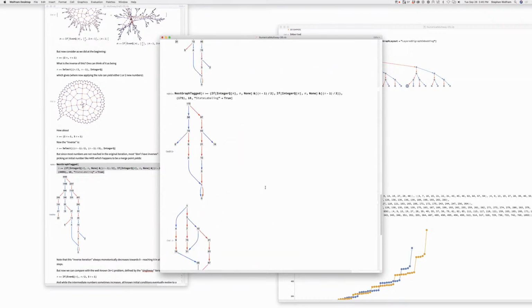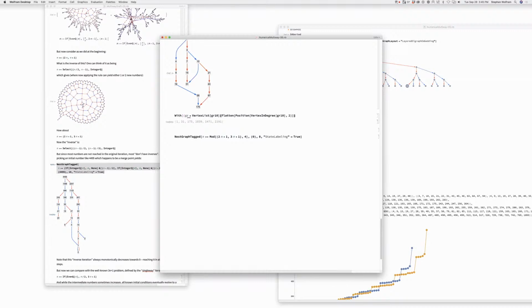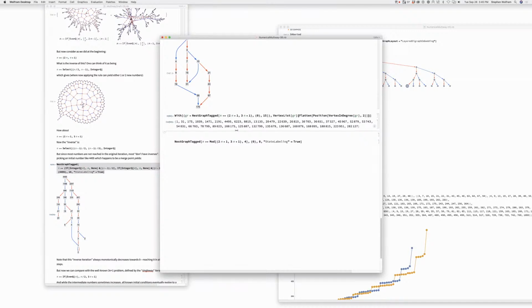Let's get rid of that. Okay, so this should be a list of merge points.